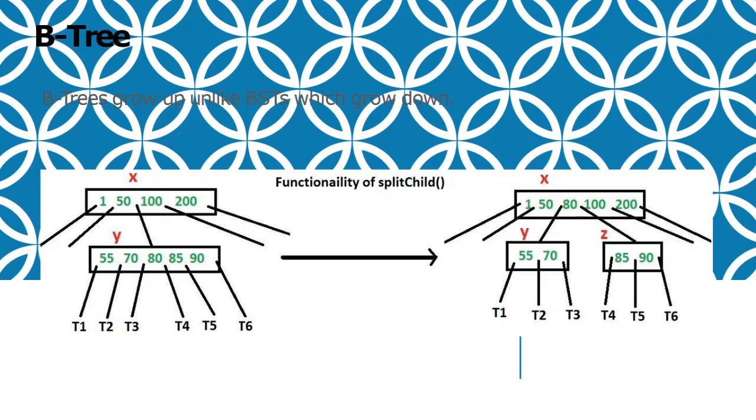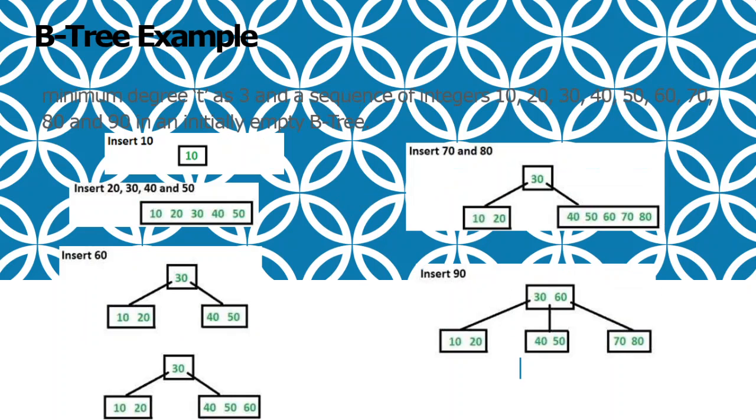This is the method we have done with functionality of split child method: 150, 80, 100, 200. Y is 50 and 70, zeta is 85 and 90. Now on the Y side we have T1, T2, T3. On the zeta side we have T4, T5 and T6.